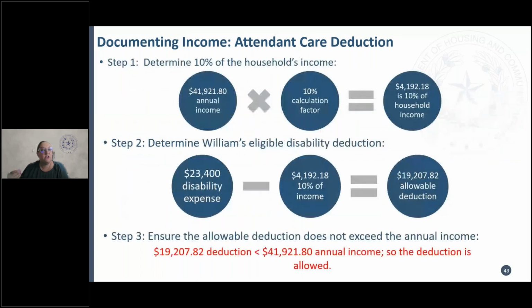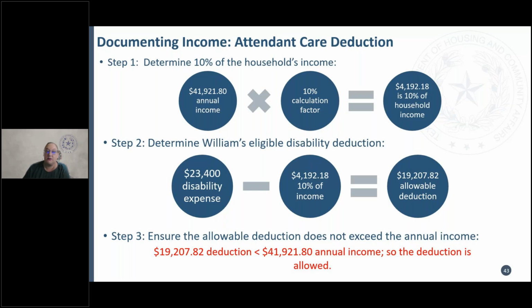So first we have to determine 10% of the household's income. So the household's total annual income was $41,921.80 times 10% gives us $4,192.18. That is a disallowed amount. The government says that 10% is a reasonable amount to spend on medical expenses.